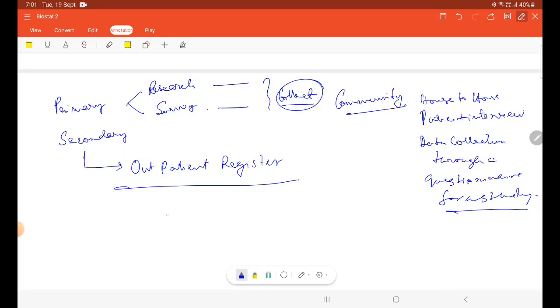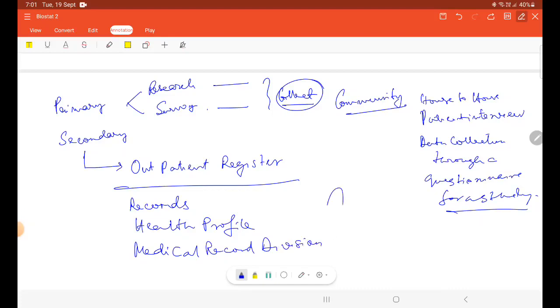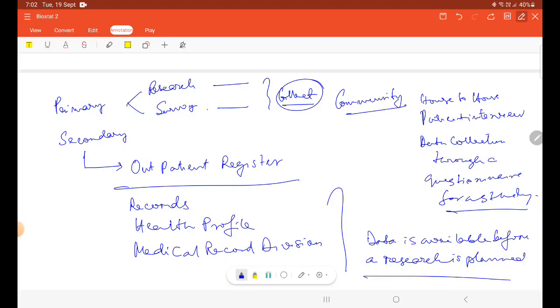When you collect data from such registers or records, health profile, records available in medical records division or MRD, or any other source where data is available before a research is planned, then that source of data is called secondary data, right?